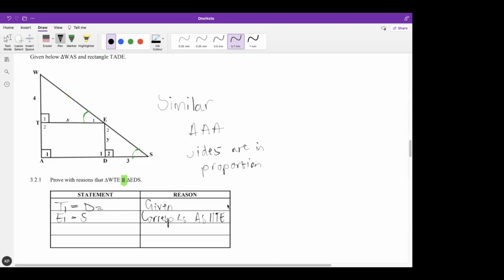Now, third angle, guys. If two angles in two triangles are equal, what can we assume about the third one? What can we assume about the third one? We're not listening. If we don't finish on time, I will skip the brain break. Thank you, Sai.